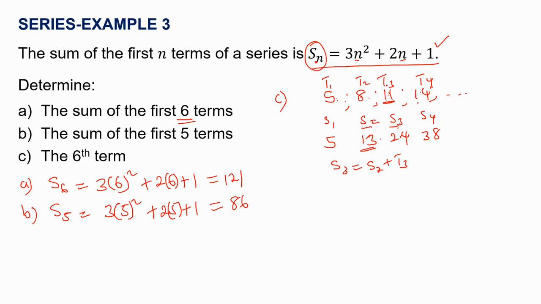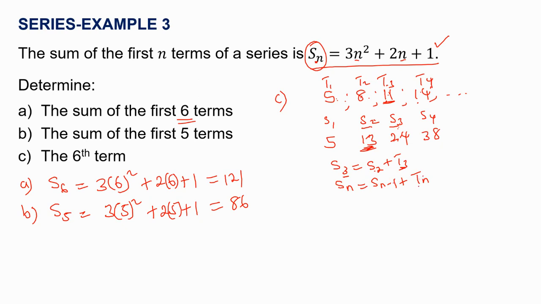Like here, if you say 13 plus 11, you'll get 24. So we can generalize this and say Sn is equal to S(n minus 1), like here 2 is 3 minus 1, plus Tn. You see that? So you can say Sn is equal to S(n minus 1) plus Tn.